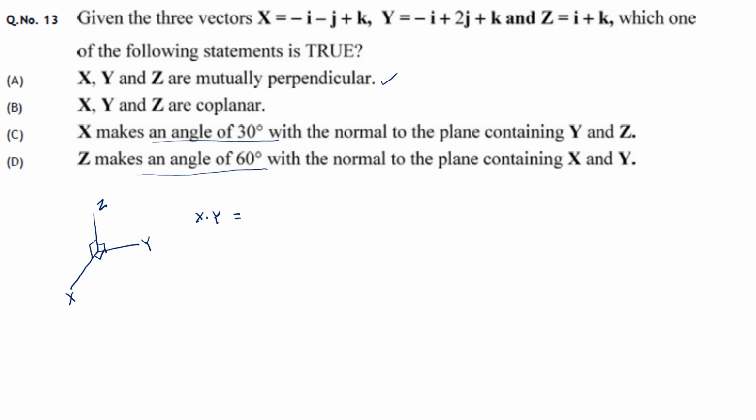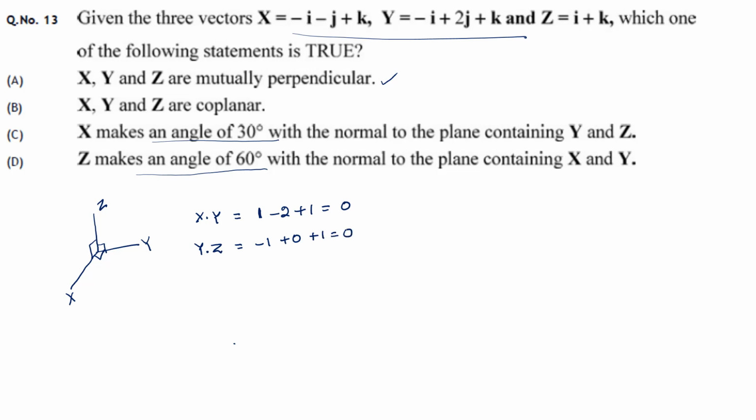So x dot y, it will be 1 minus 2 plus 1. So it is 0. y dot z, it will be minus 1 plus 0 plus 1.